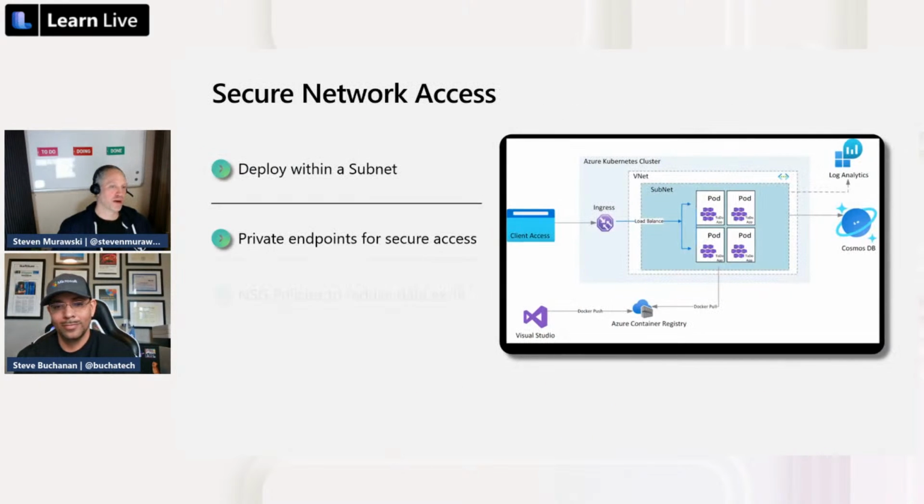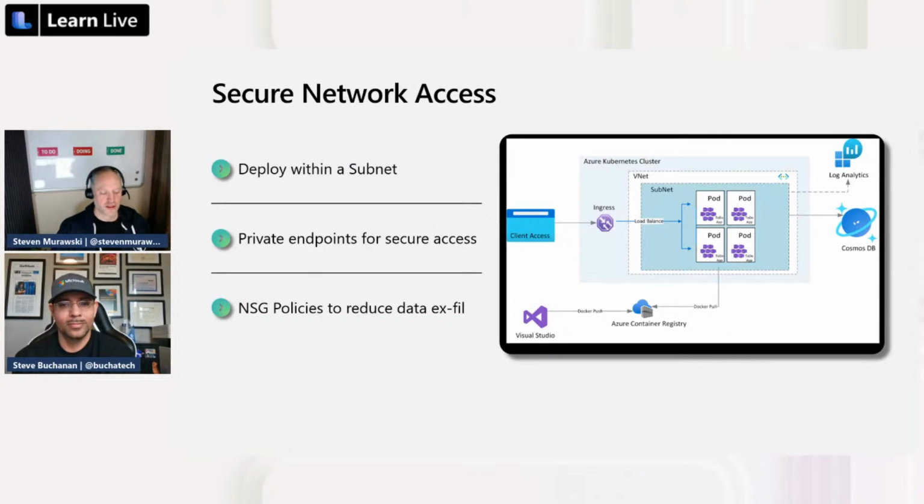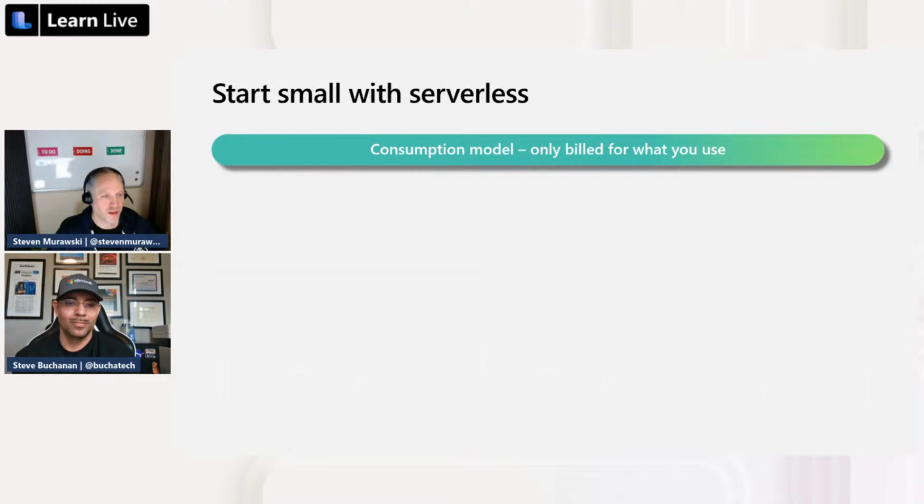We can deploy it in private subnets. We can put network security policies in front of it. There's a lot of great things. We're not going to get a chance to go into all of those in the demo. We're just going to kind of scratch the surface. But one of the things I think is important, when the service first came out, it felt expensive because of how you had to buy it.